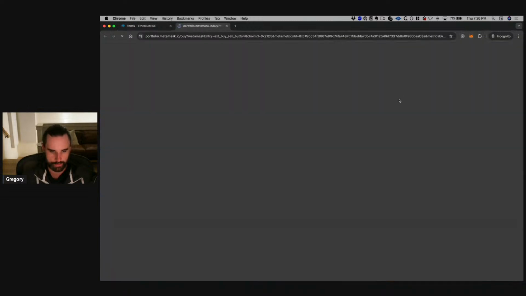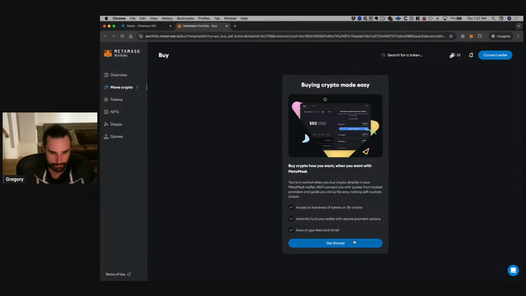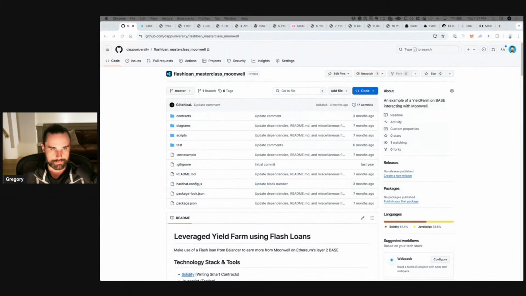Also, directly inside of MetaMask, you can just buy and sell with a debit card or a credit card. For example, you click on that buy sell button with MetaMask.